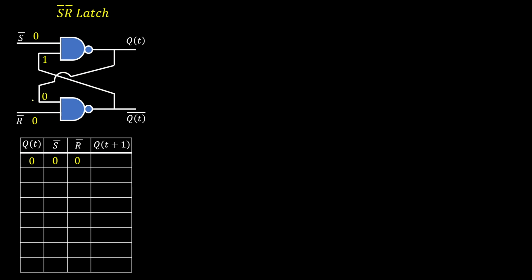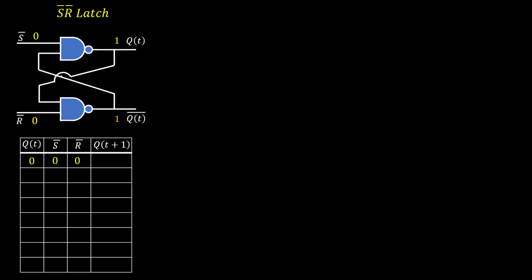Now, for NAND gate, if any one of the input is 0, then output is high. So here we have both QT and QT bar high, which is invalid state. Now try one more time.